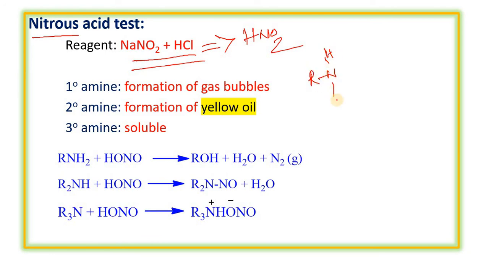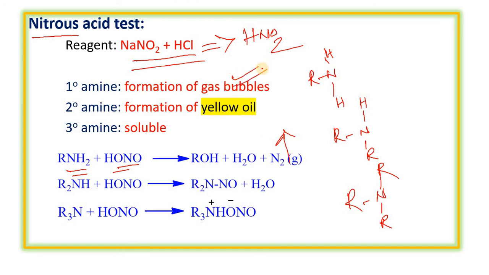This one is primary amine, and this one is secondary amine, and this one is tertiary amine. When you treat primary amine with nitrous acid, there is a release of N2 gas. You can find gas bubbles due to release of N2 gas, and there is a formation of alcohol.